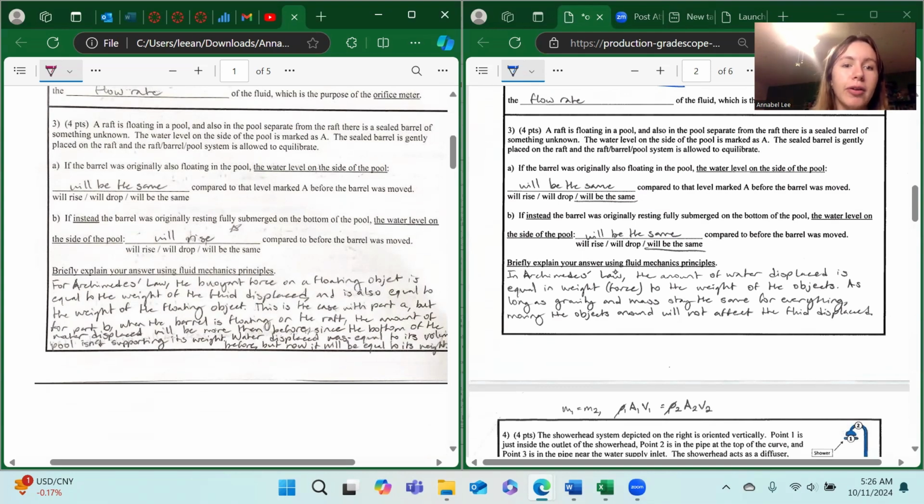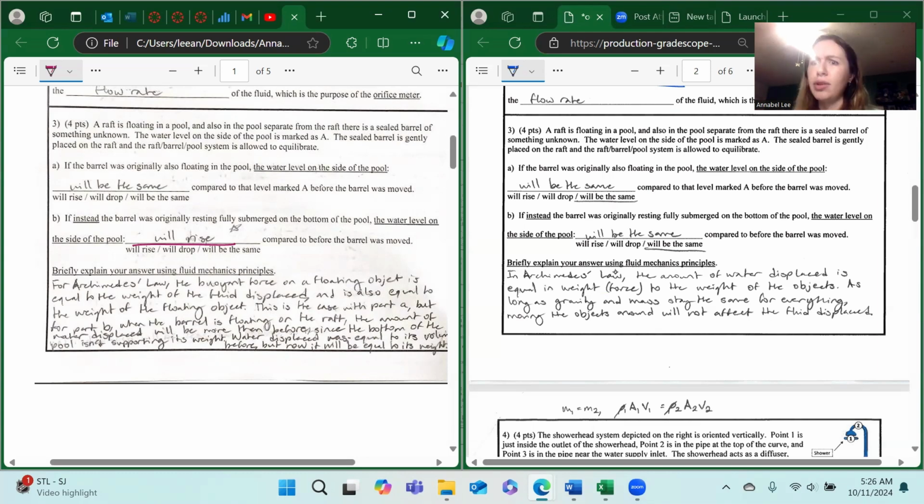But I got the second part wrong. If the barrel was originally resting fully submerged on the bottom of the pool, it will rise when put on the raft. This is because if the barrel was stuck on the bottom of the pool, there's going to be a normal force from the bottom of the pool supporting the weight of the barrel.